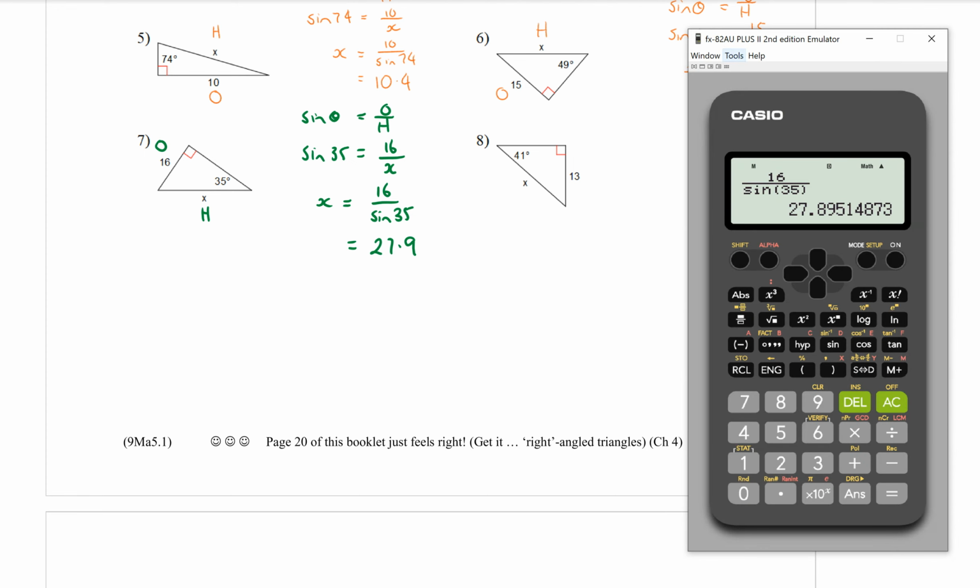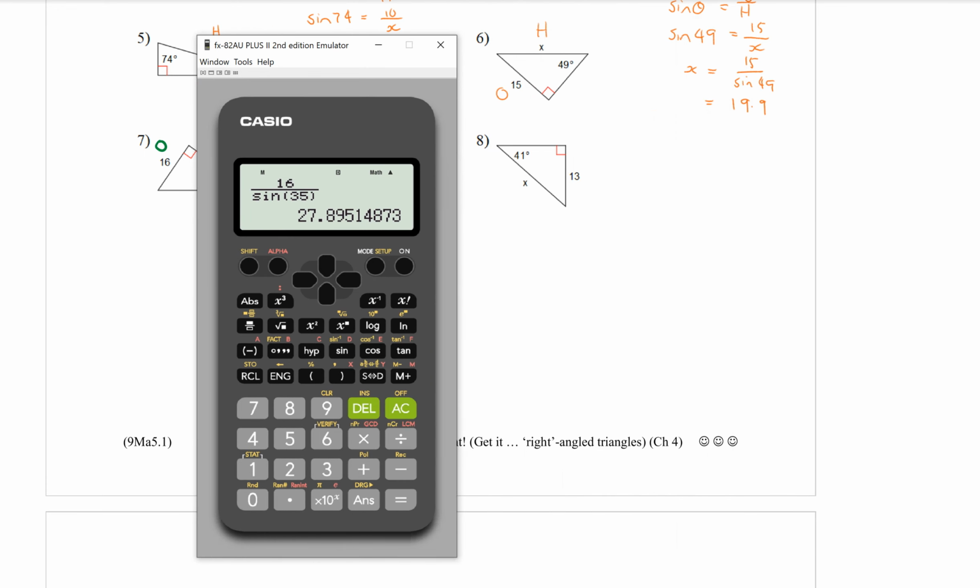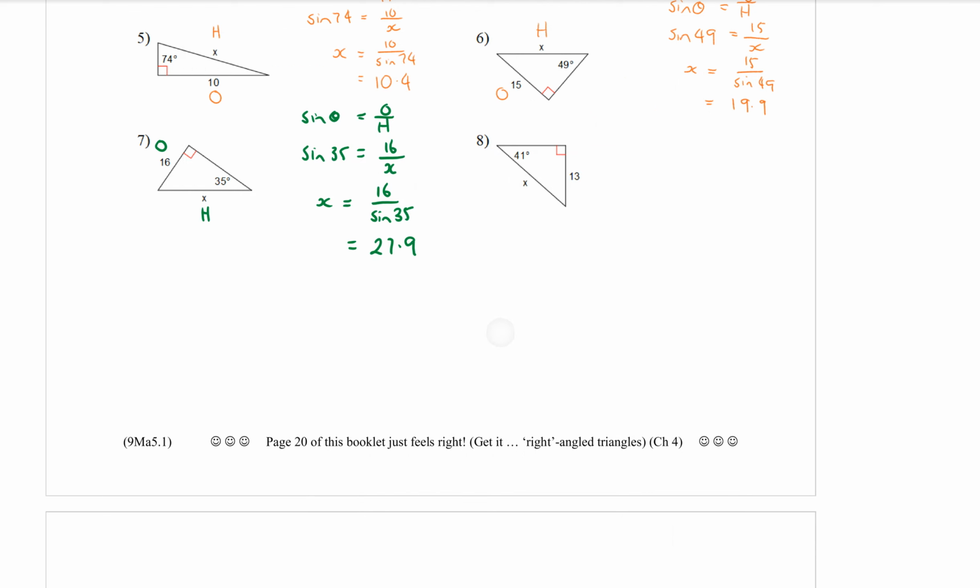And last one, we are going to label our triangle. We've got opposite and hypotenuse, formula, then the substitution. So sine theta equals, opposite is 13, hypotenuse is the x.